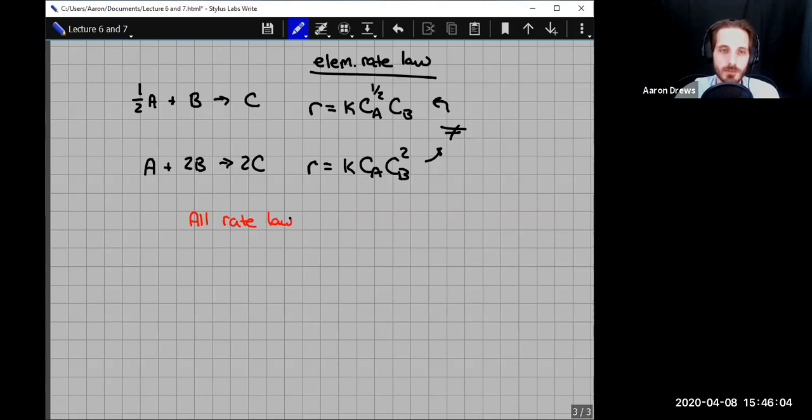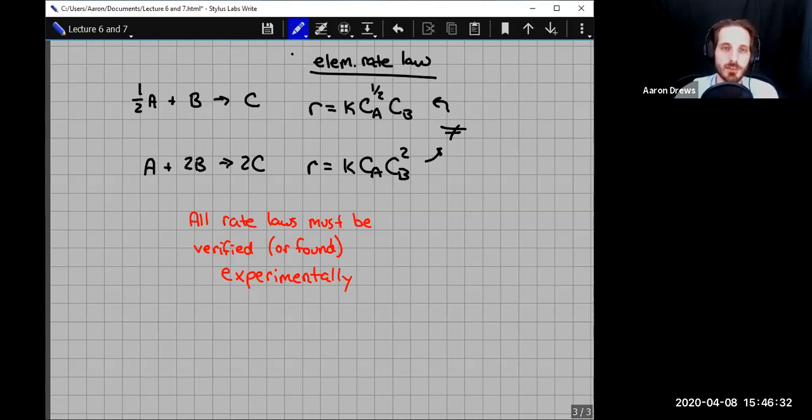All rate laws must be verified, or generally they're actually found in the first place, experimentally. There are a couple of tricks that we can use for very basic reactions in quantum mechanics and stuff like that, that we can estimate what the actual rate law is.